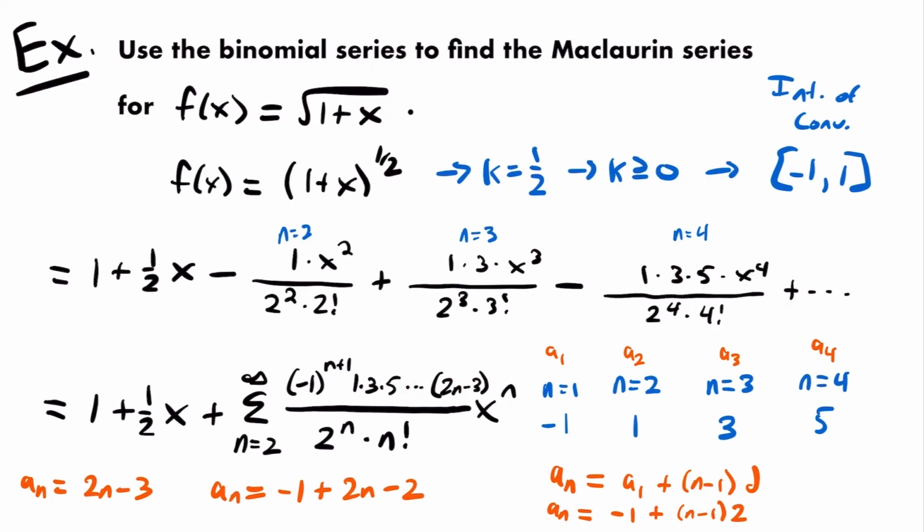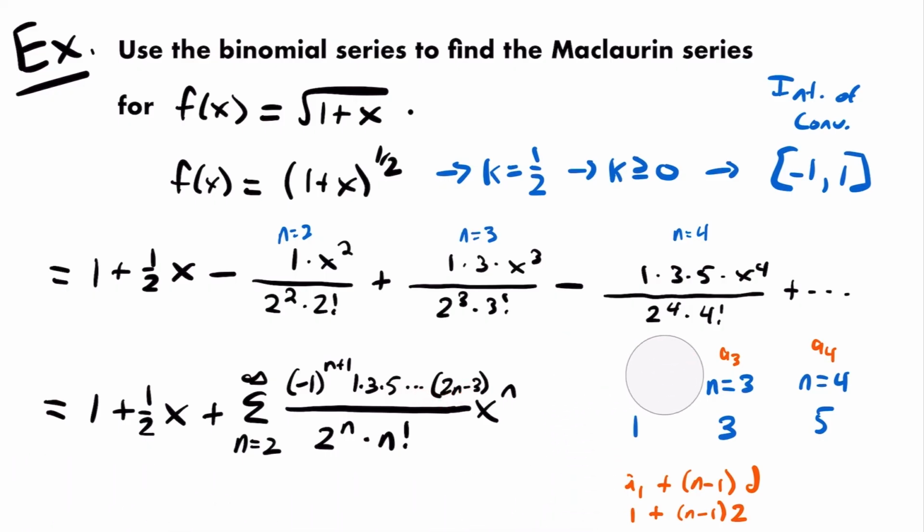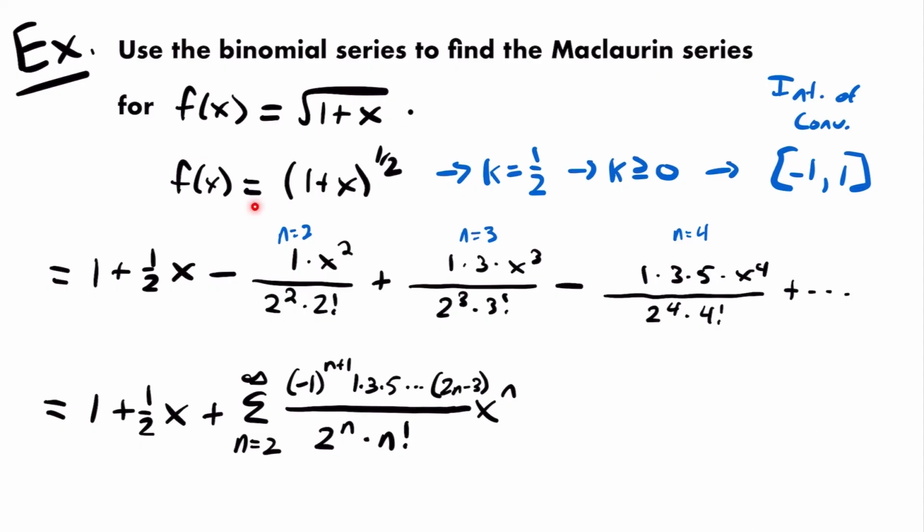All right, so we start with what we know up until the value of 2n minus 3. Okay, and so that is how we can represent this function as a Maclaurin series. We have now identified the pattern for these terms after the first two and represented them as a power series, or more specifically, a Maclaurin series.